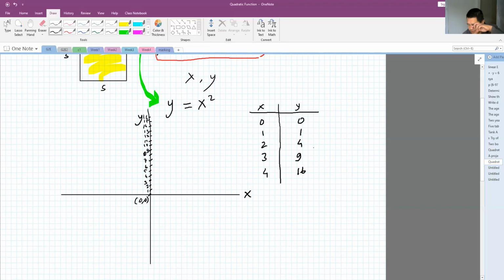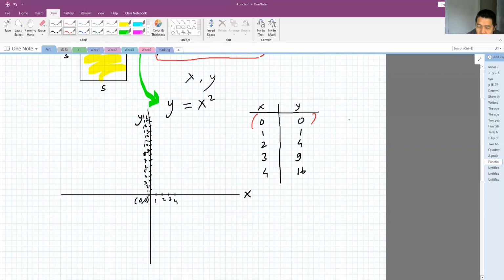I'll just go up to 16 for the y value, and then the x value will be 1, and then 2, 3, and 4.